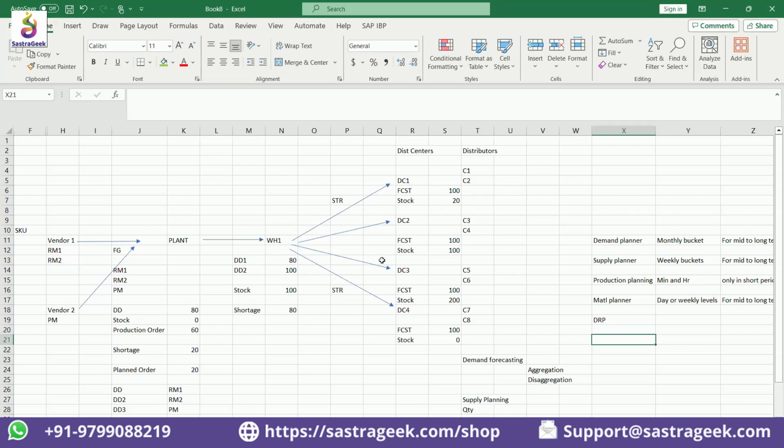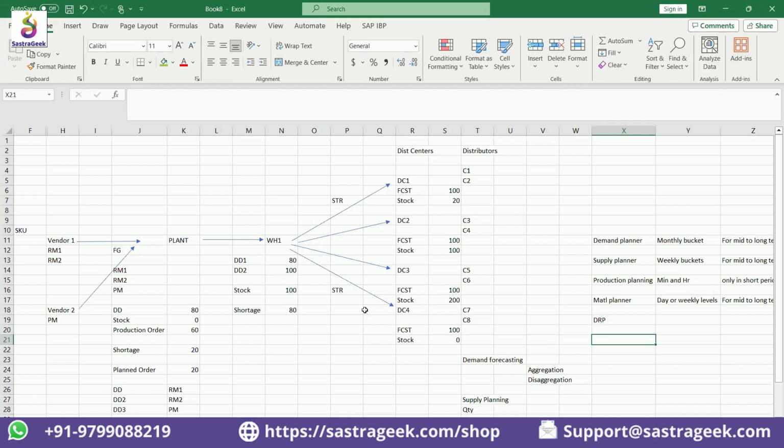How do I distribute that? If I have a situation where my demand is more, but my supply is less, how do I distribute it? If I have excess supply, how do I distribute it? Those kinds of questions would come in the scope of the distribution requirement planner.